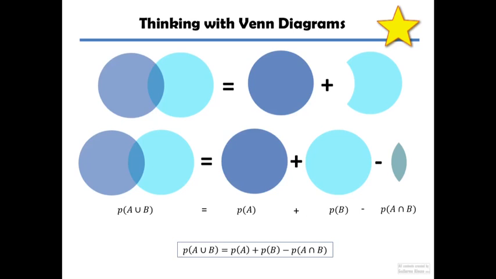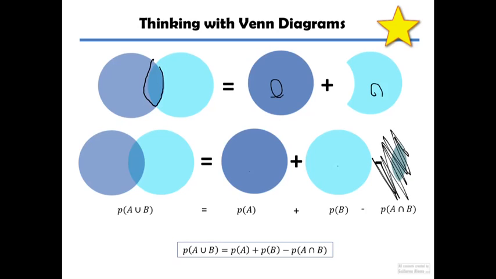I'm using the terminology of probability, but let's just imagine that it's just bottles in the supermarket or whatever. We have A or B here. Well, forget about this part here, is it going to be this plus this? Not really. It's going to be this plus this, because we don't want to add this part in the middle twice.